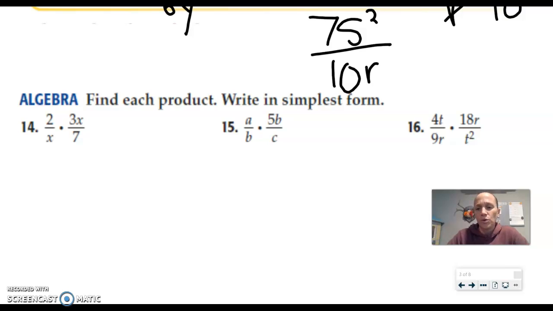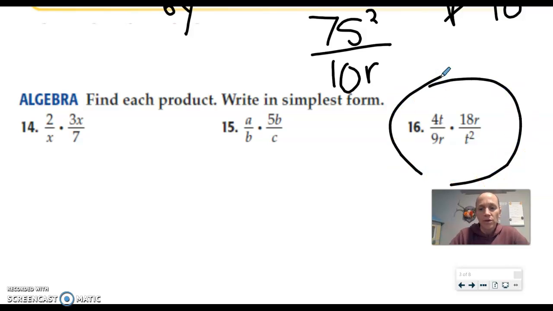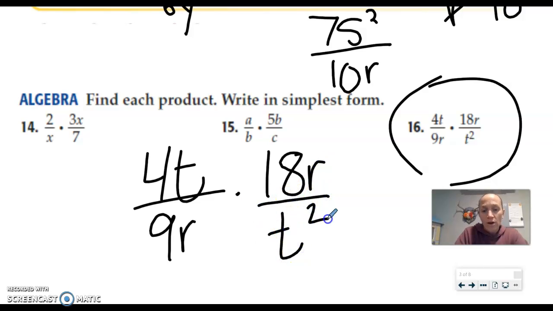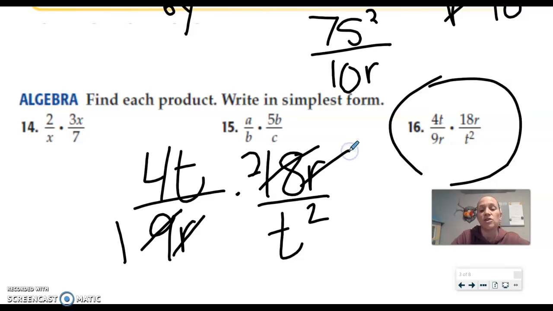But I do want to look at 16. I feel like that's probably a good one to end with. So this one, I'm going to write it a little bigger. We have 4t over 9r times 18r over t squared. This would be one that I would try to simplify, right? Because I see the 9 and the 18, and I can divide those both by 9. So this becomes 1, and this becomes 2. And then the r's actually cancel each other out.